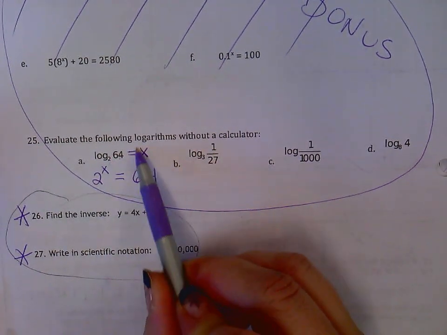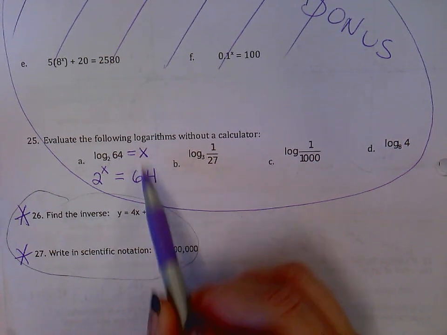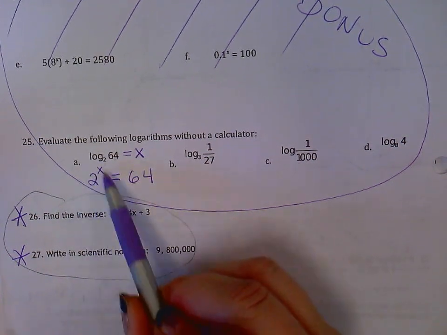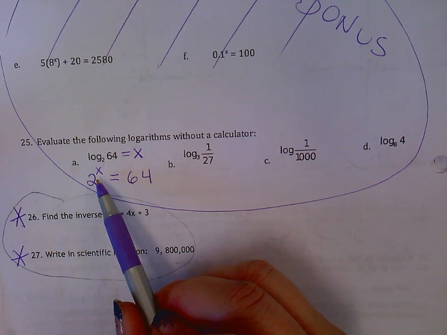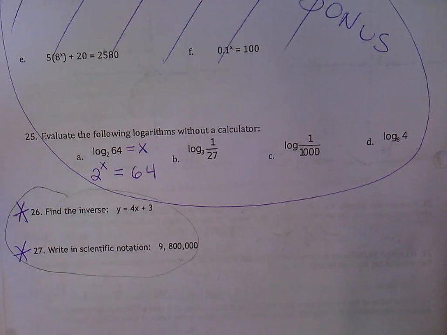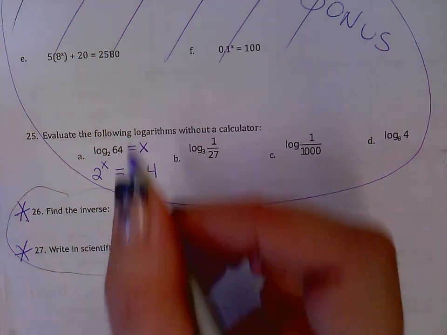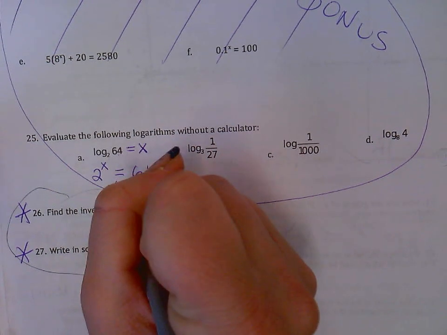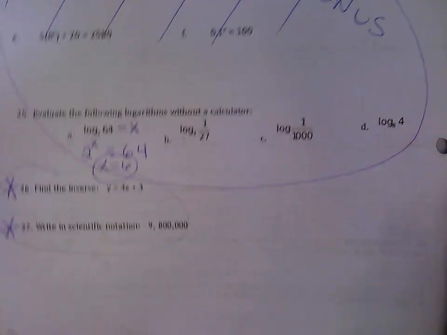I want to know what power do I have to raise that to get to 64. You might not know this one in your head, but if you count up on your fingers, 2 times 2 is 4, times 2 is 8, times 2 is 16, times 2 is 32, times 2 is 64. X has to be 6 to make this true.